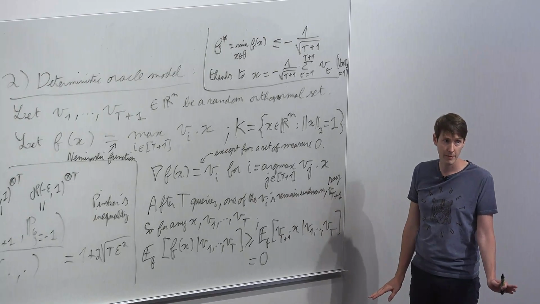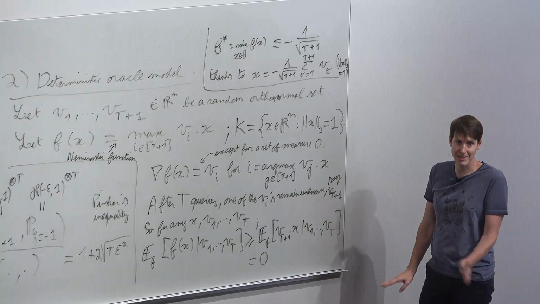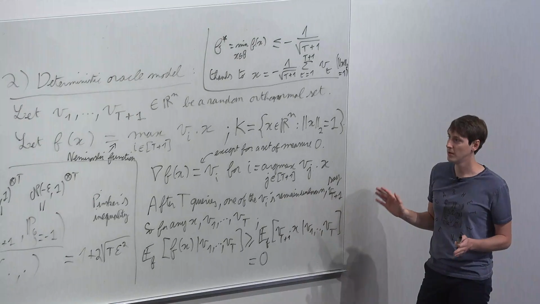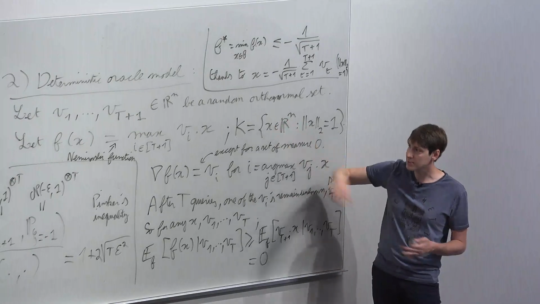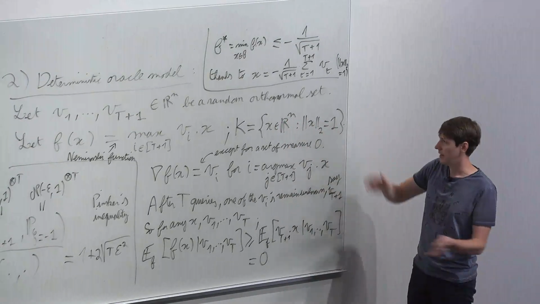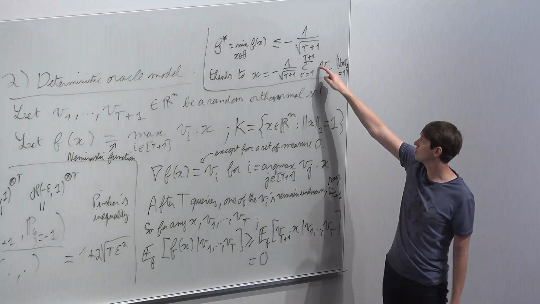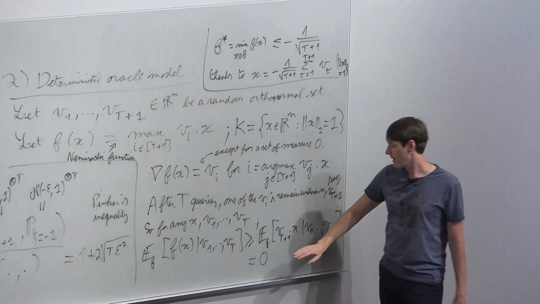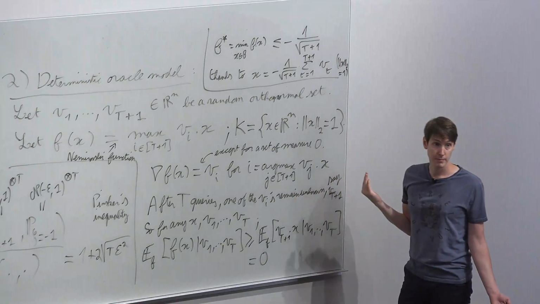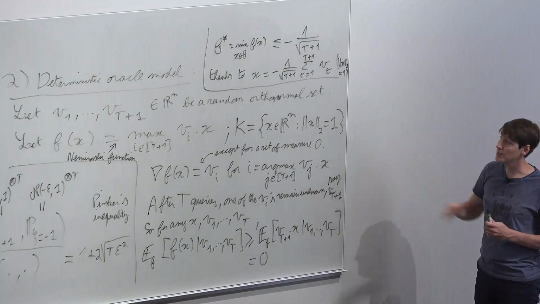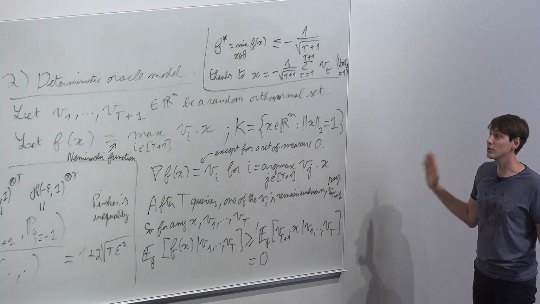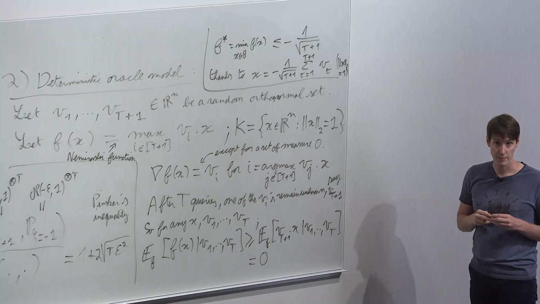So I didn't make any progress at all. I'm completely stuck on this Nemirovsky function. And then once I have the last one, suddenly everything clears, and I have this valley, and I can go to this point. But the point is, my gap is 1 over square root t. So this shows that in the deterministic oracle model, you also cannot get better than 1 over square root t.